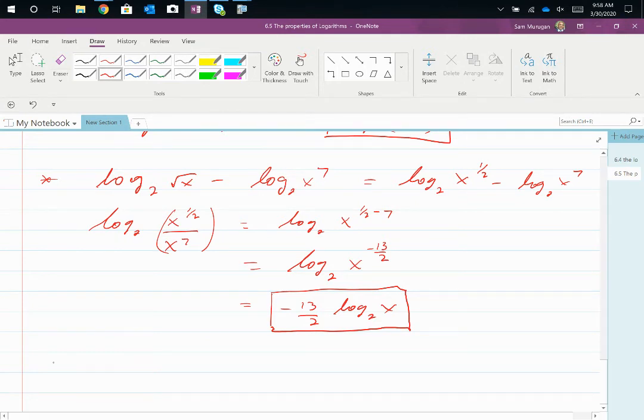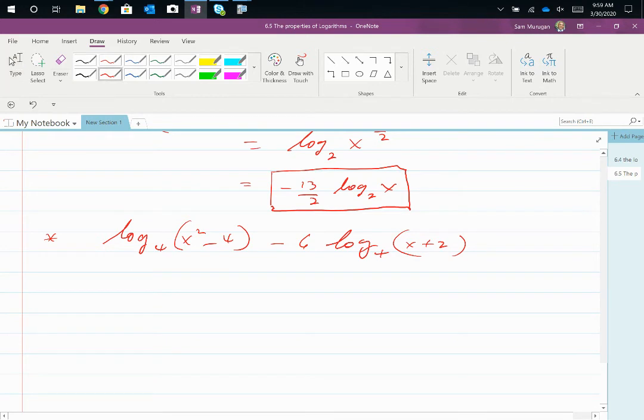All right, two examples. Log base 4 of x squared minus 4 minus 6 log base 4 of x plus 2.